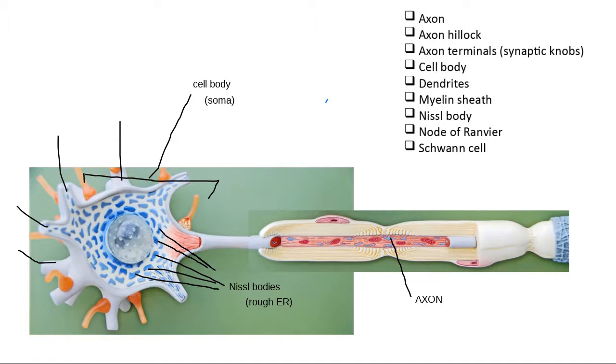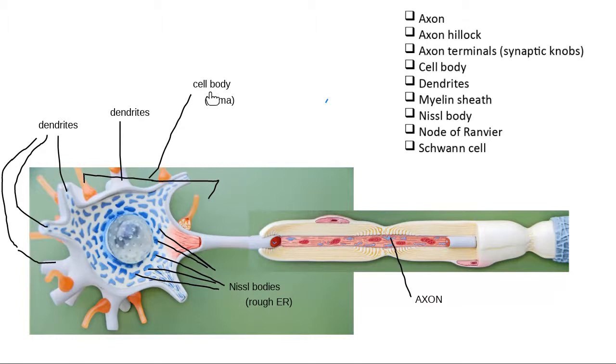These extensions, the places where our neuron receives messages, are called the dendrites. So we see lots of dendrites all over. Dendrites are the short extensions that come off of the cell body.